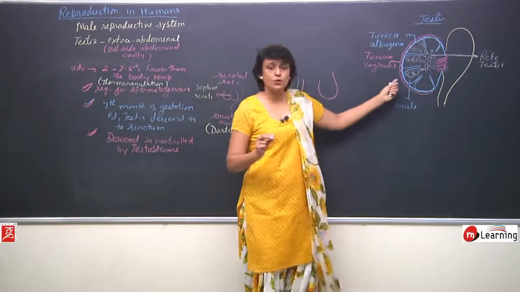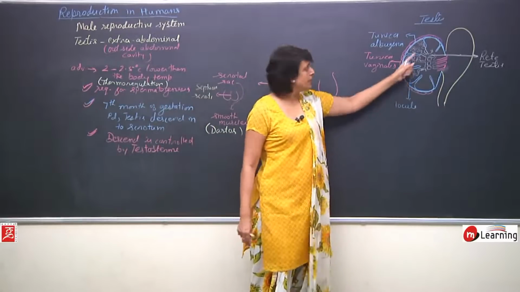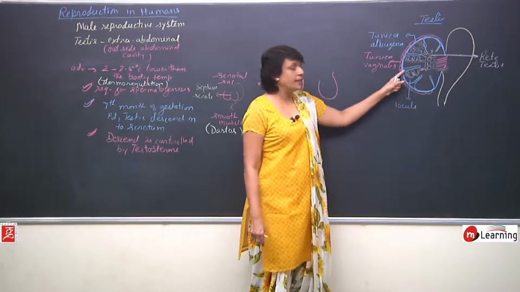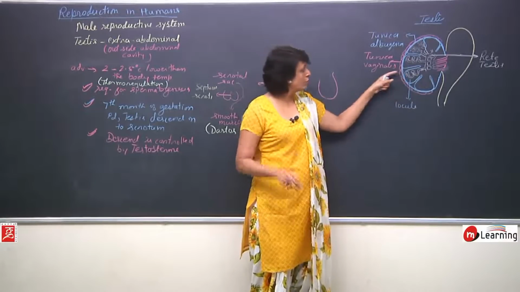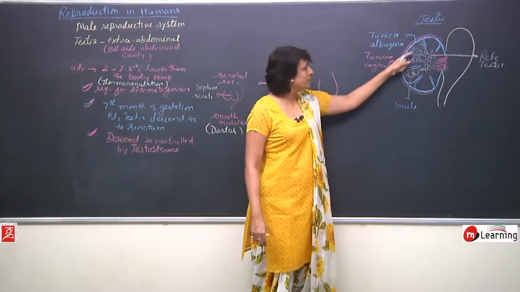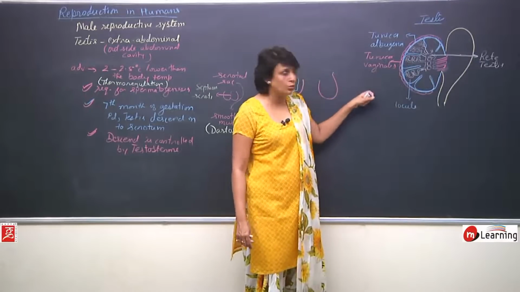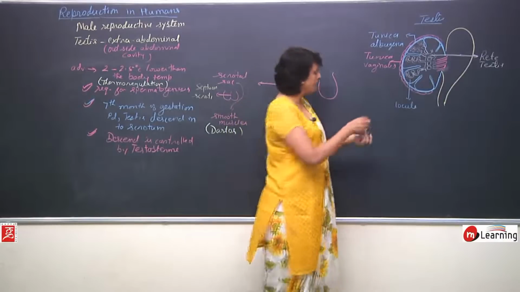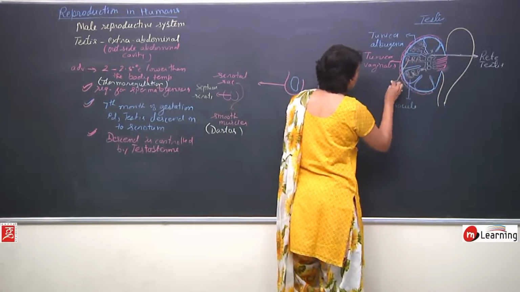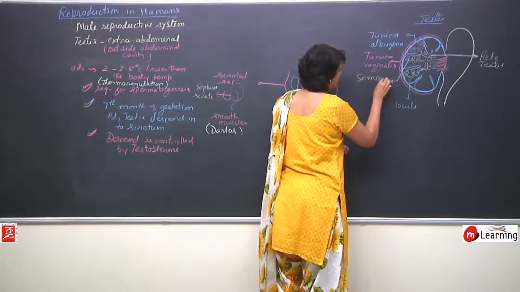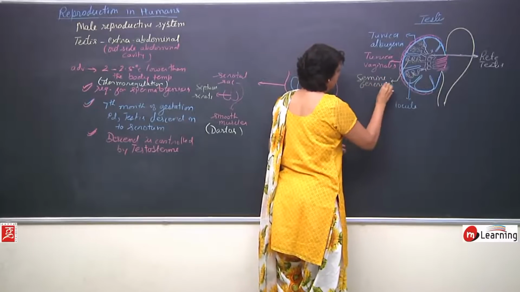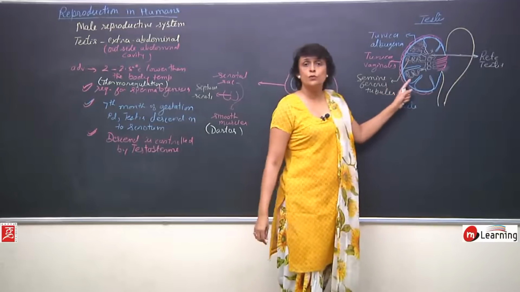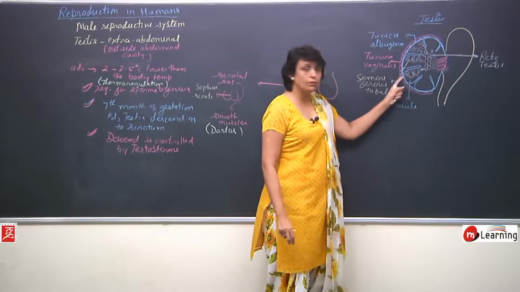So what is happening so far is, in the testis, the fibrous capsule is known as tunica albuginea. These albuginea membrane folds are seen inwards, which divide the testis into many locules. Each locule has 1 to 3 coiled seminiferous tubules. Let us label these seminiferous tubules. These tubules are coiled in the locular region.